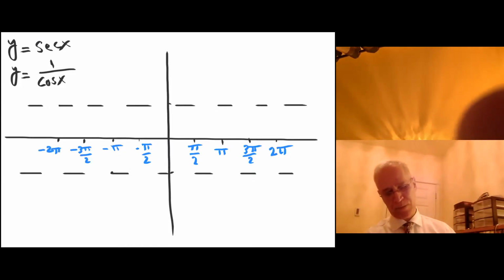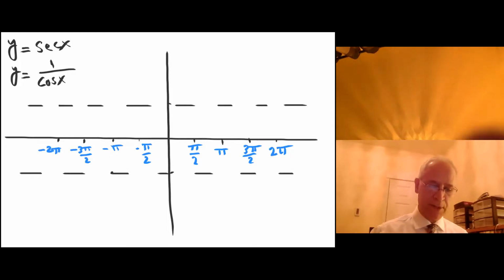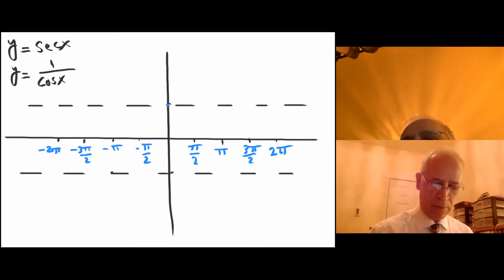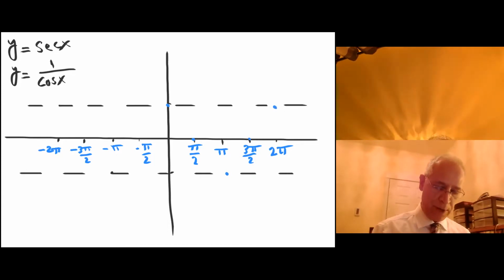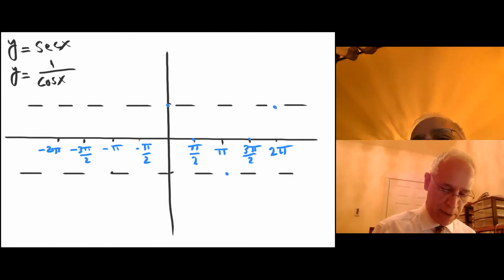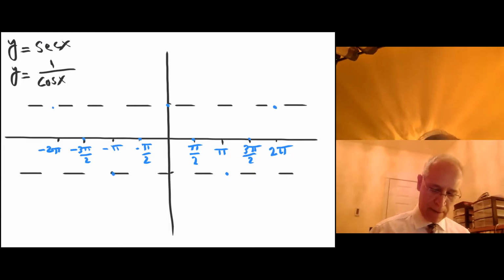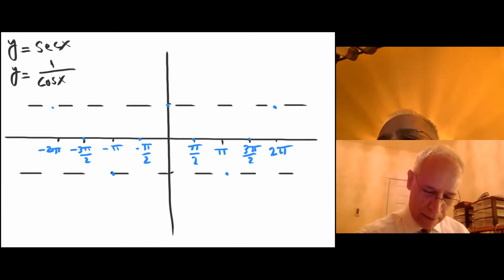That's good enough. Cosine of 0 is 1. Cosine of pi over 2 is 0. Cosine of pi is -1. Cosine of 3 pi over 2 is 0. And cosine of 2 pi, I'm back to 1. And cosine of -pi over 2 is 0. Cosine of -pi is -1. Back to 0 and to 1. And so this is going to look like this.